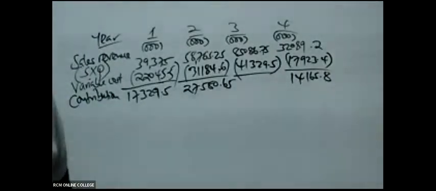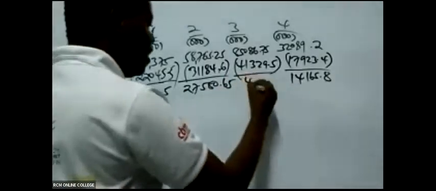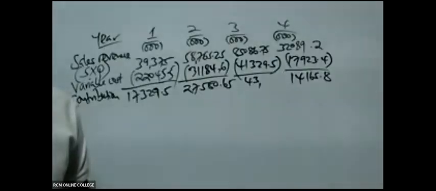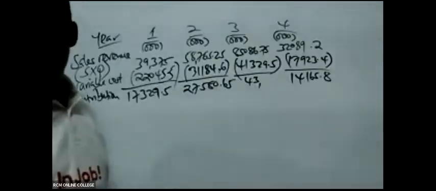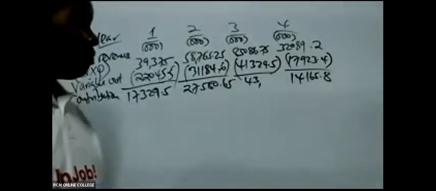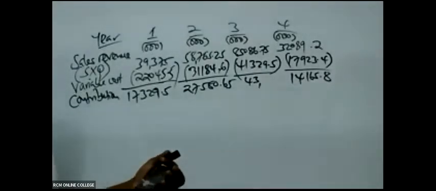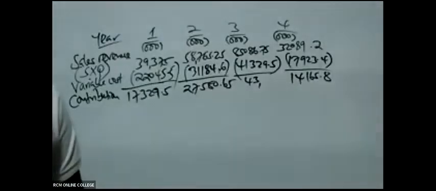Year 3 is 43... 808... 758. What? 850, 86. Well, I'm getting different figures. 43,750.